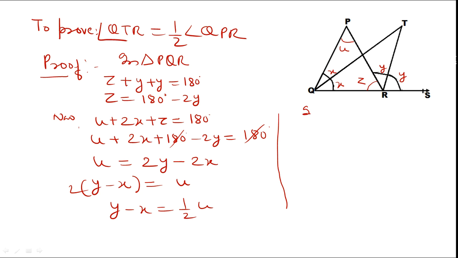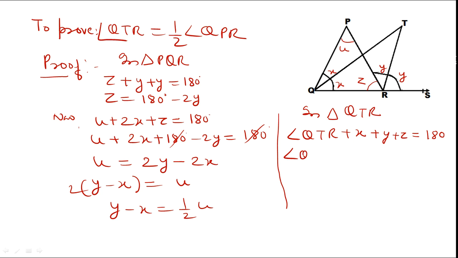Now in triangle QTR, angle QTR plus angle x plus y plus z is equal to 180 degree.